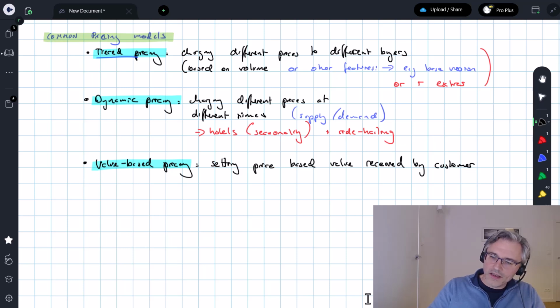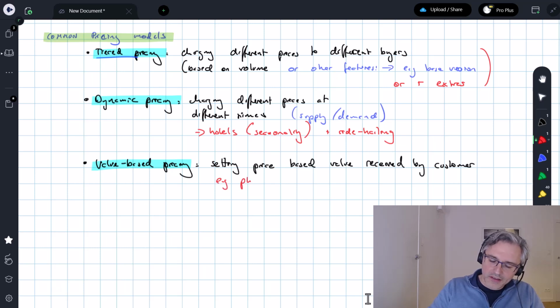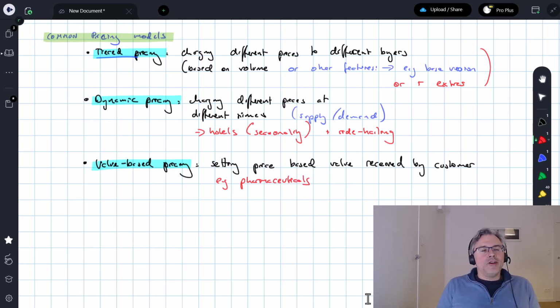So let's say I'm a pharmaceutical company. Your book does give the example of pharmaceutical companies here. Now, why should we price the medication based on its cost of production? Rather, let's price it based on the value it gives you, the patient.